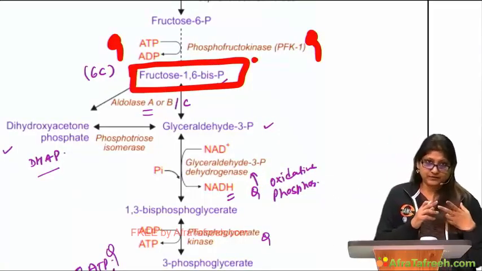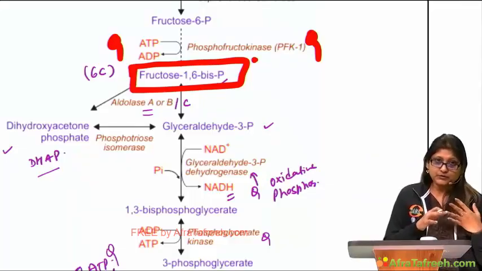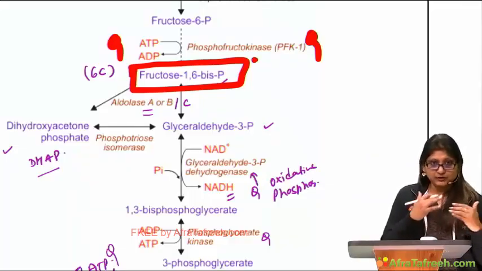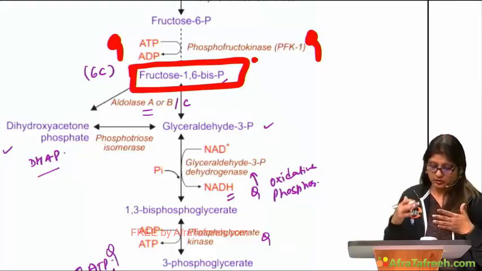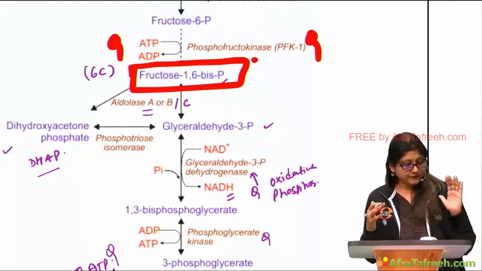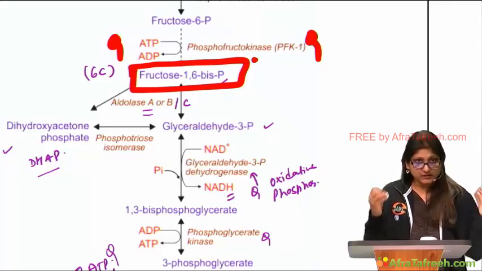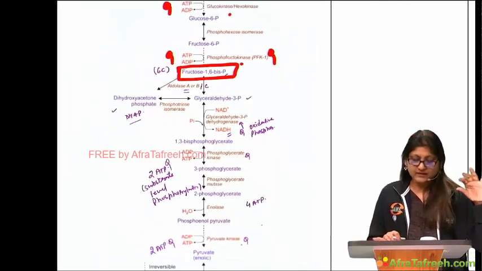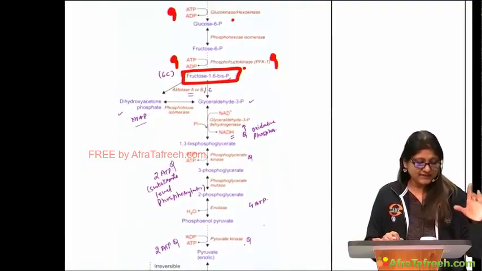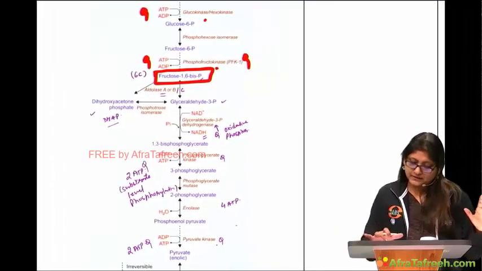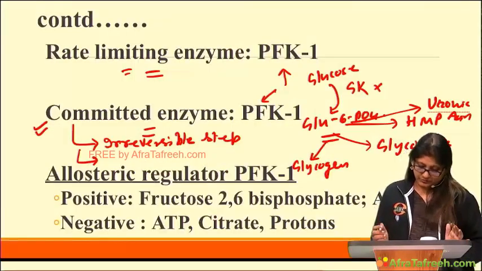Number one, it is irreversible, and number two, it produces fructose 1,6-bisphosphate, which is utilized only in glycolysis. All right, very good. So you have to write all these things in the workbook itself. Mark the pathway in this fashion in the workbook itself. That's the reason why the workbook is provided to you, right?